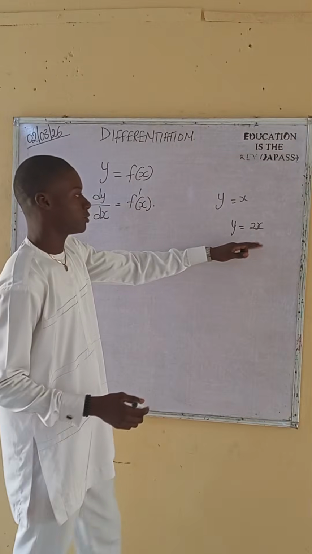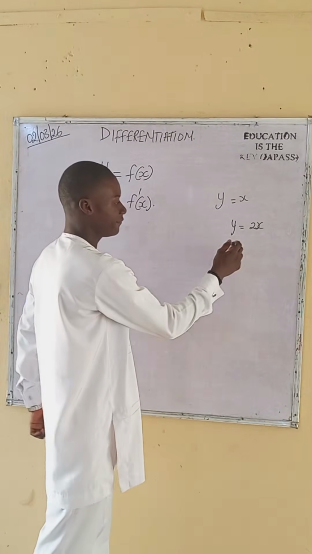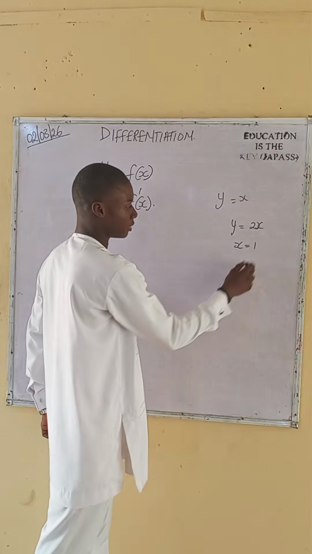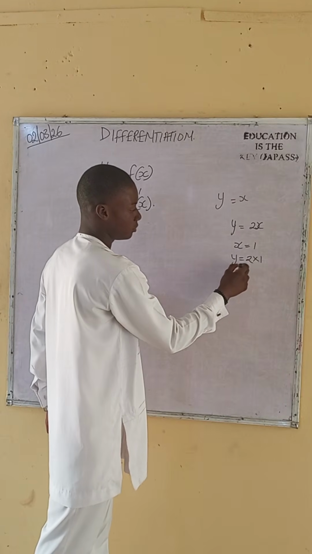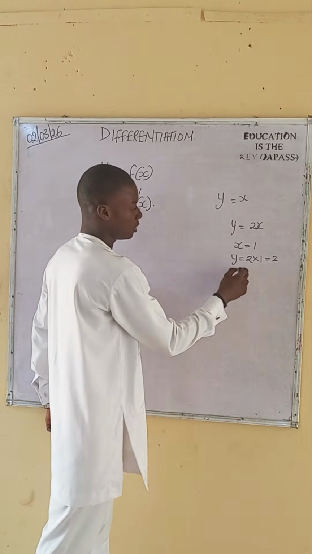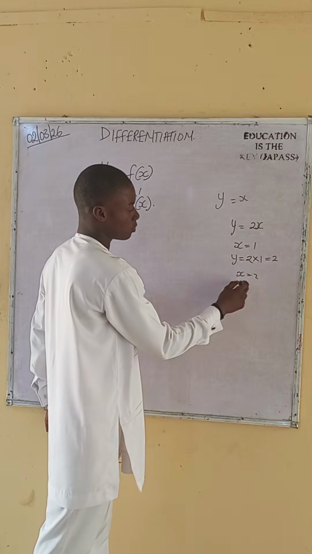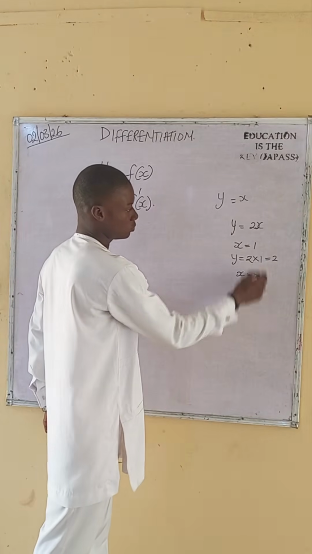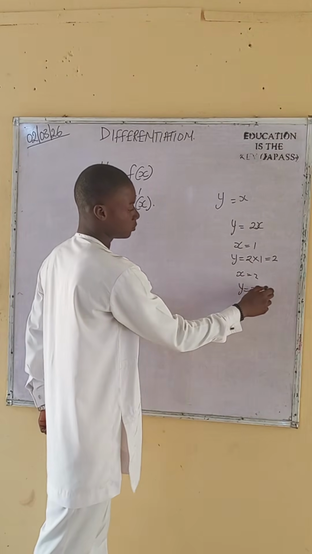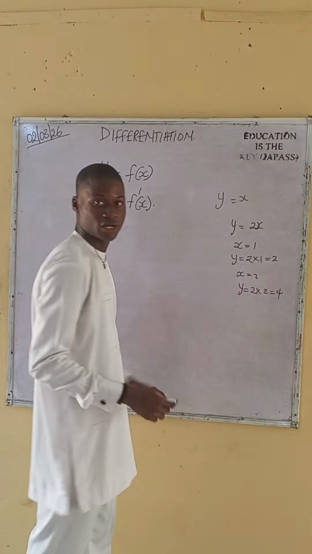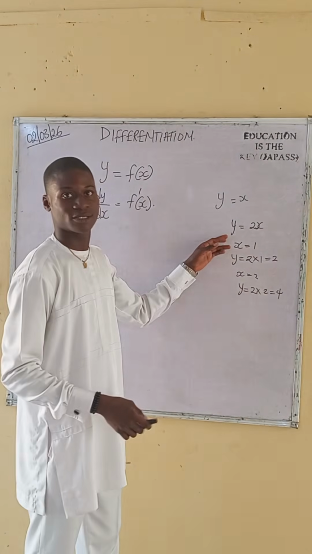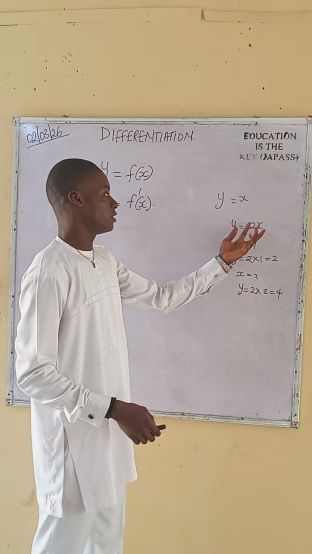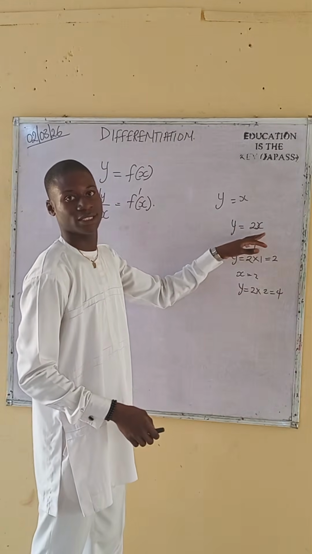If x is equal to 1, y will be equal to 2 times 1, which is 2. If x is equal to 2, y will be equal to 2 times 2, which is 4. So it simply means that y changes whenever x changes.